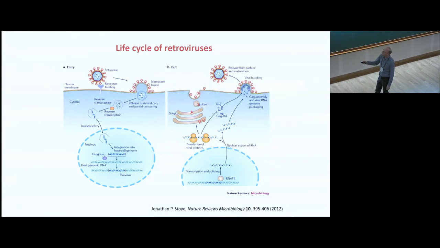Then the virus tricks the cell into allowing the double-stranded DNA to go into the nucleus. There are proteins that are part of the virus that incorporate the double-stranded DNA into the genome of the cell, and then the cell does not know any better but to start making more of the RNA, that's the genome, and also the proteins encoded by this RNA genome.